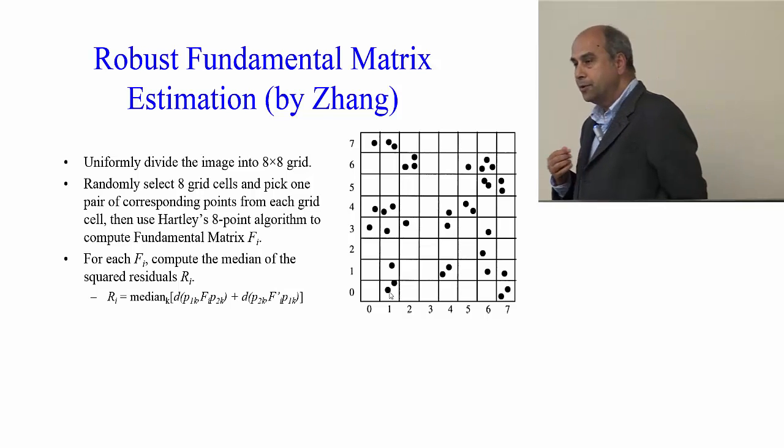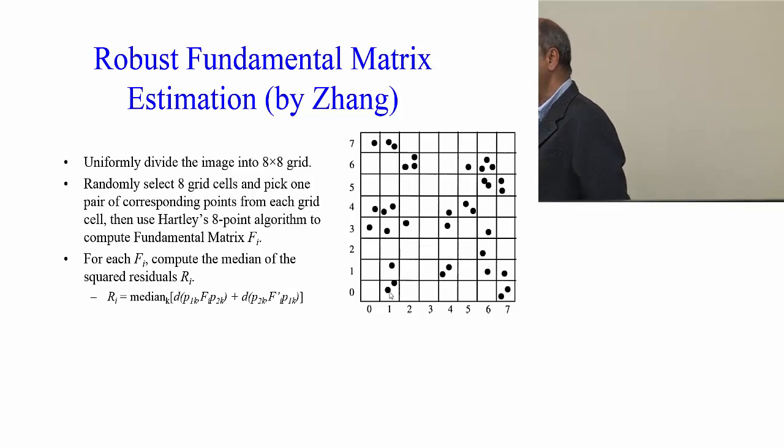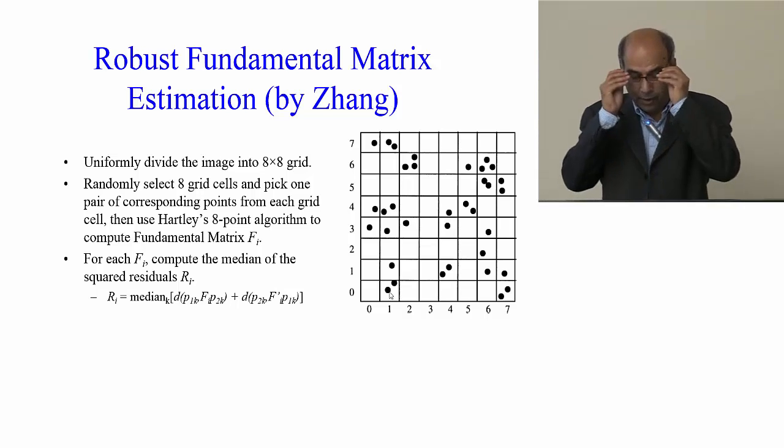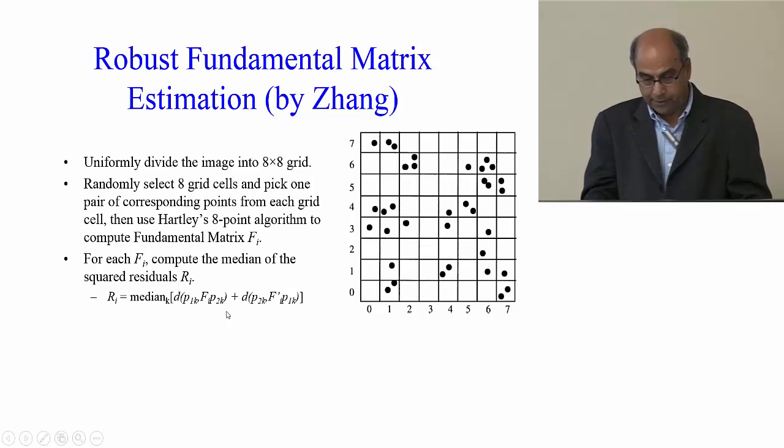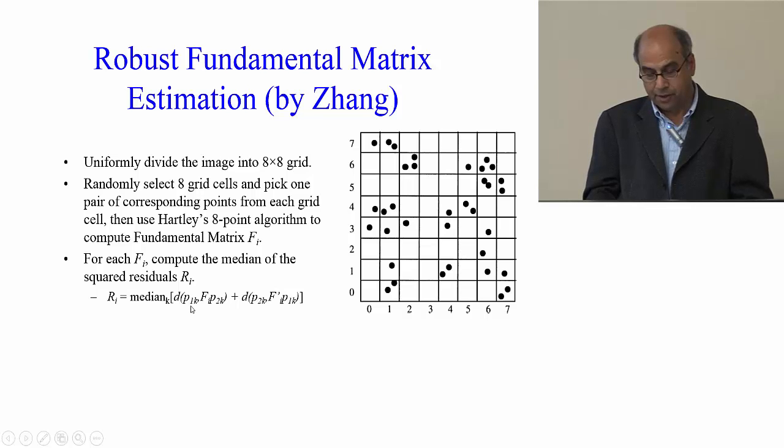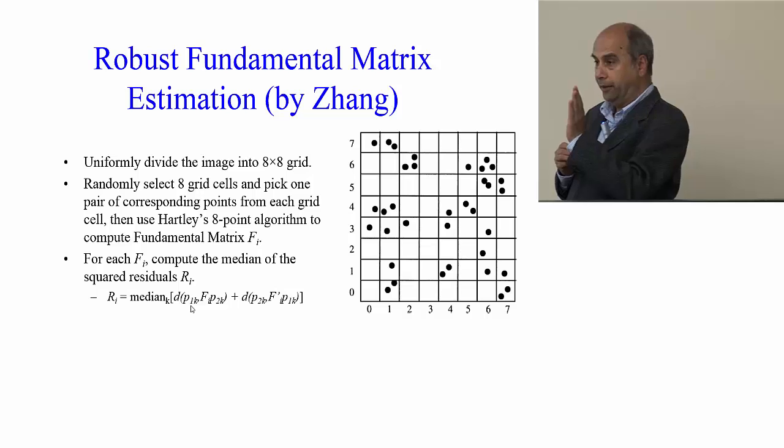And now you want to see how good that estimation of the fundamental matrix is. So you want to look at the error. As we said, when you take a point in the second image and multiply by the fundamental matrix, you will get a line. And then the corresponding point in the first image should lie on the line.